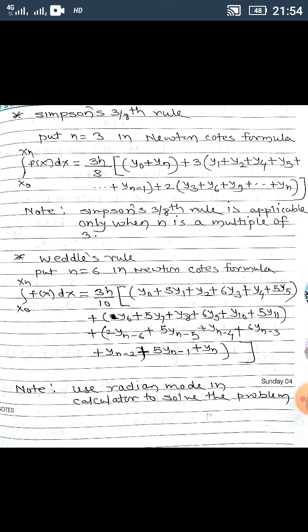So this is Weddle's rule. By substituting n is equal to 1, 2, 3 and 6, we get different formulas, that is the trapezoidal, Simpson's 1/3, Simpson's 3/8 and Weddle's rule.